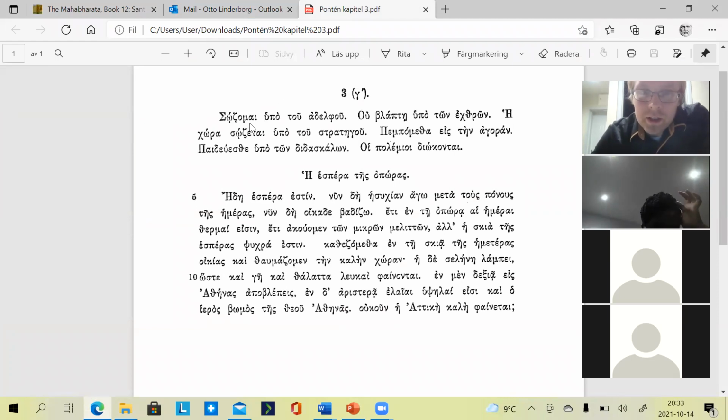So do you have any suggestion for this first sentence? Sotsmai hypo tu adelphu. You can write in the chat, or you can also, if you have a mic, say it. So sotsmai hypo tu adelphu. What could that mean?